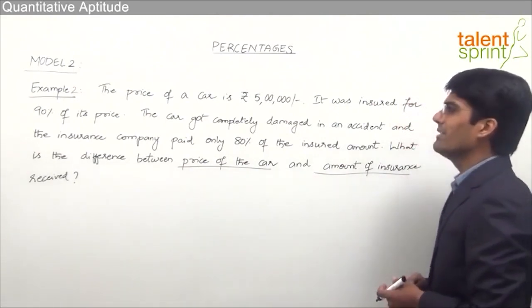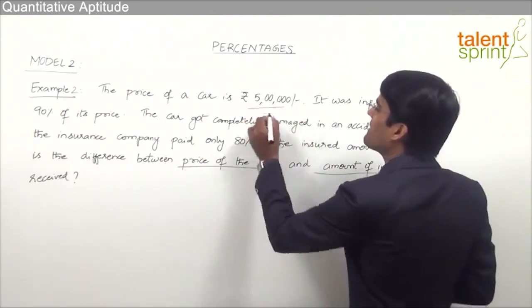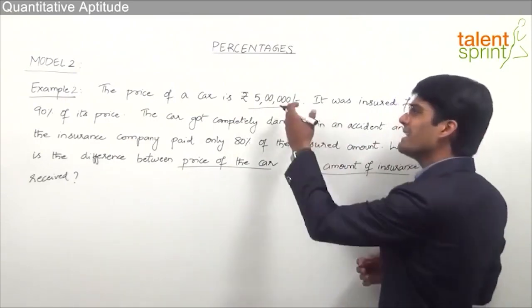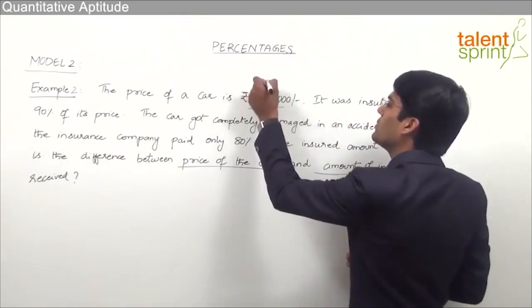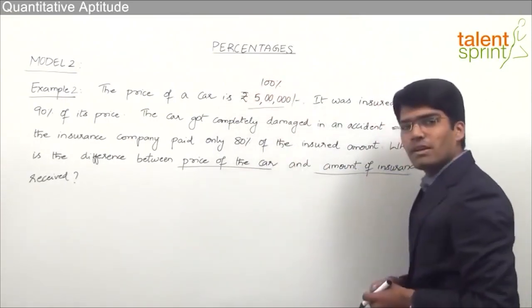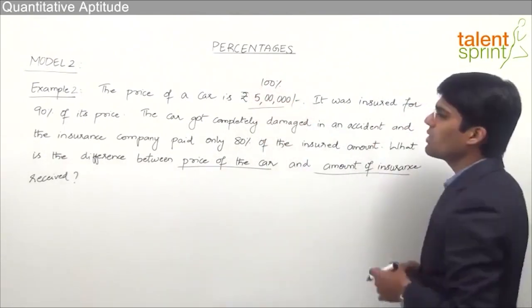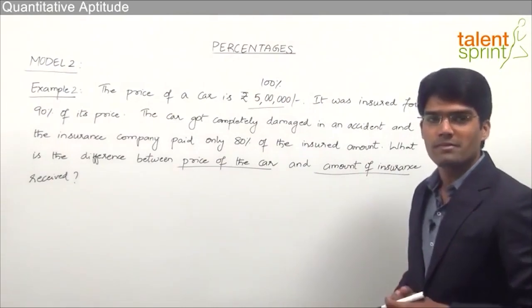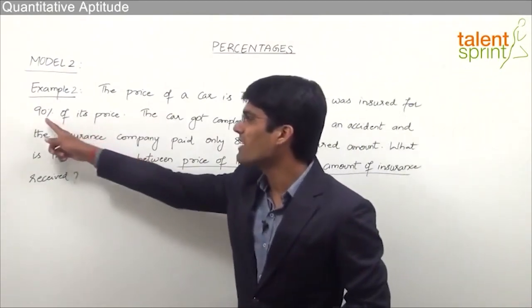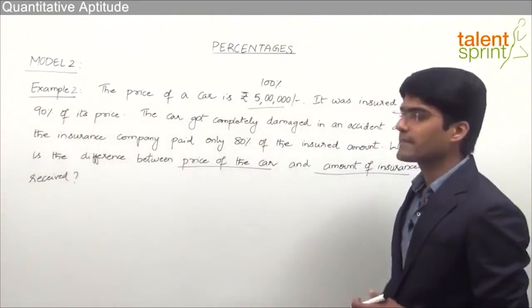Now as given in the question, the price of the car is rupees 5 lakhs. We can take this 5 lakhs equivalent to 100%. That is nothing but the total amount is 100%, which is 5 lakhs. Now it was insured for 90% of its price. That means it was insured for 90% of 5 lakhs.